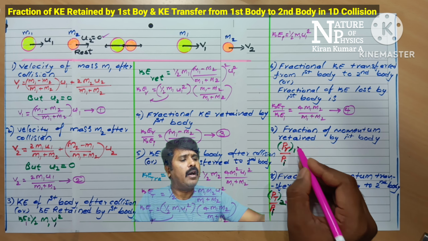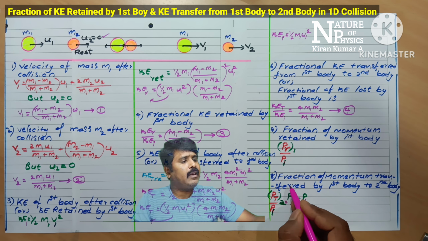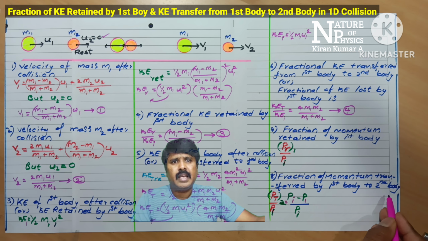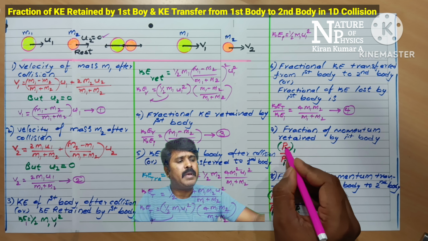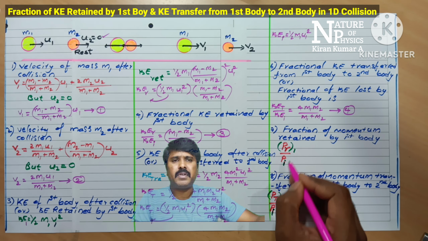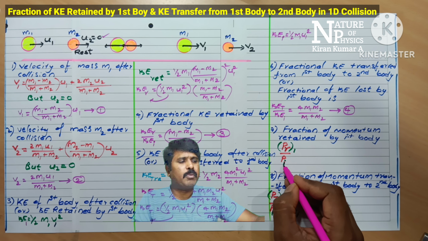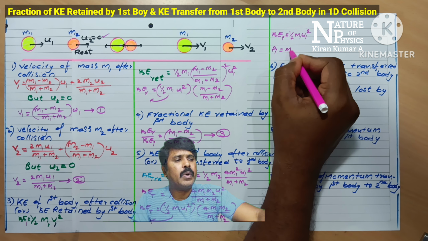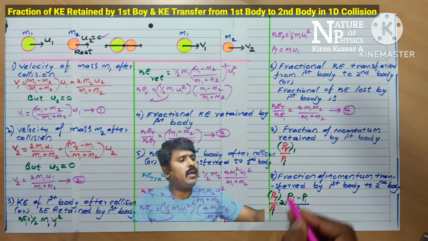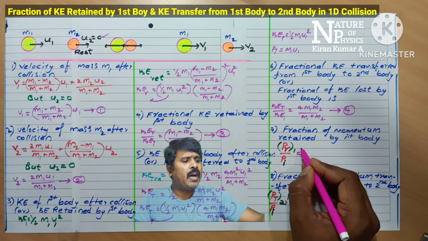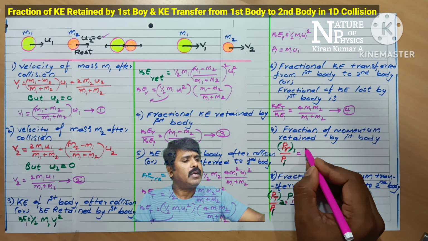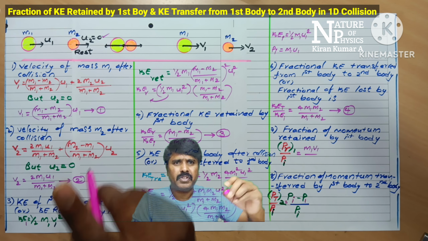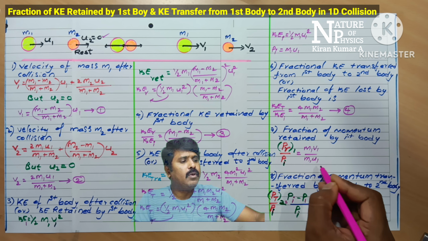Fraction of momentum retained by the first body, and second, fraction of momentum transferred by the first body to the second body. PR represents the momentum retained by the first body, divided by the initial momentum Pi, like the initial kinetic energy, where the initial momentum Pi is equal to m1 u1, student. Replacing the PR value, that is m1 v1, and the initial momentum, only for the first body, is m1 u1.